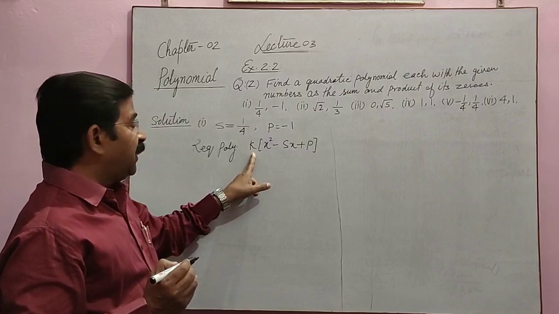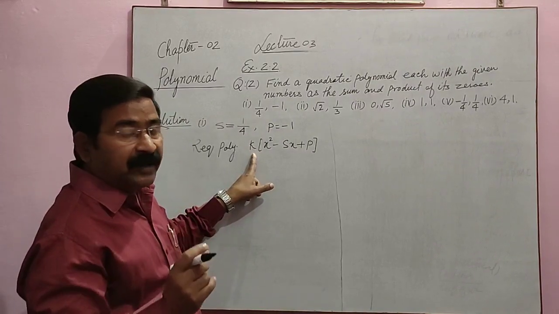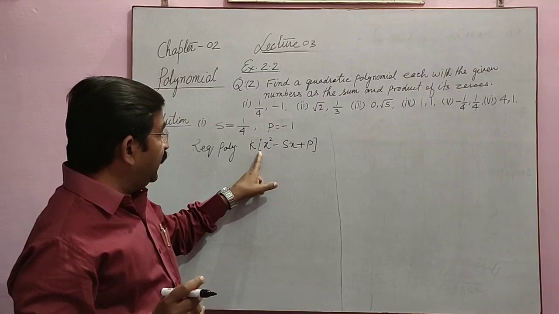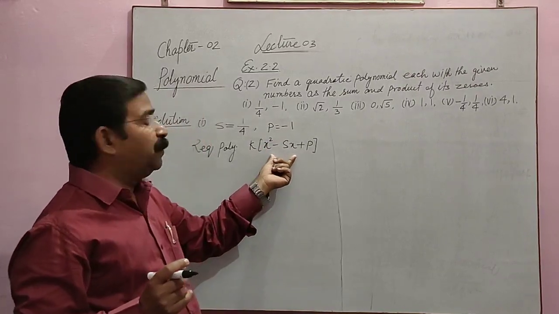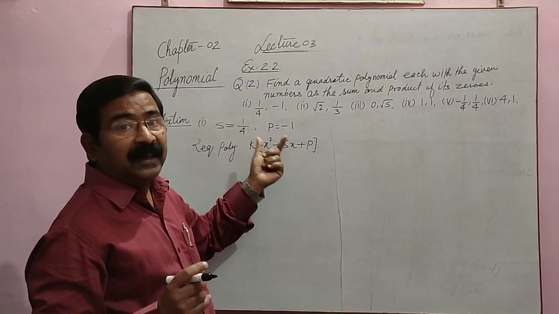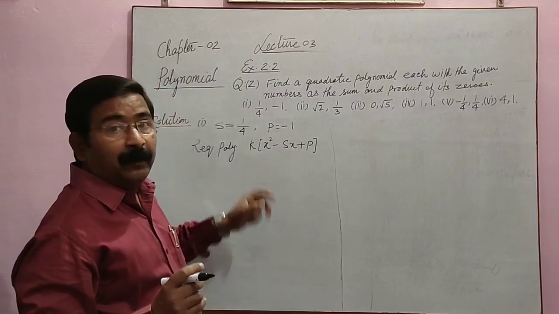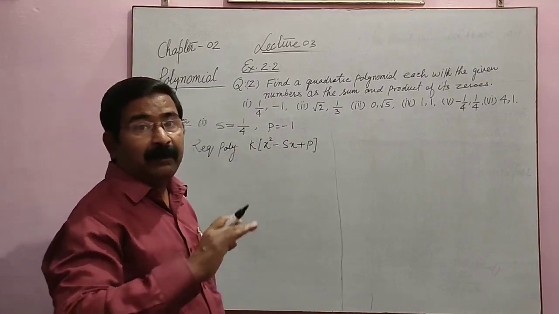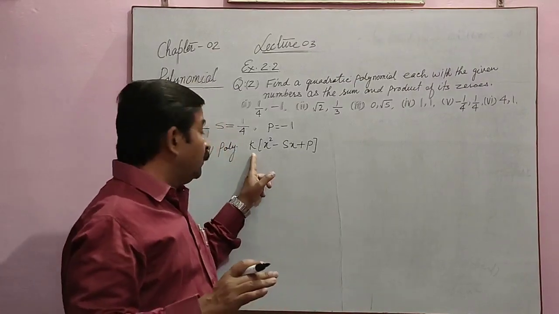What is the value of k? K is constant. The value of k is equal to the LCM of the bracket. Whatever the terms found in the bracket, the LCM of that bracket is equal to k. Means we have to multiply by that LCM to the whole polynomial and we'll remove k.